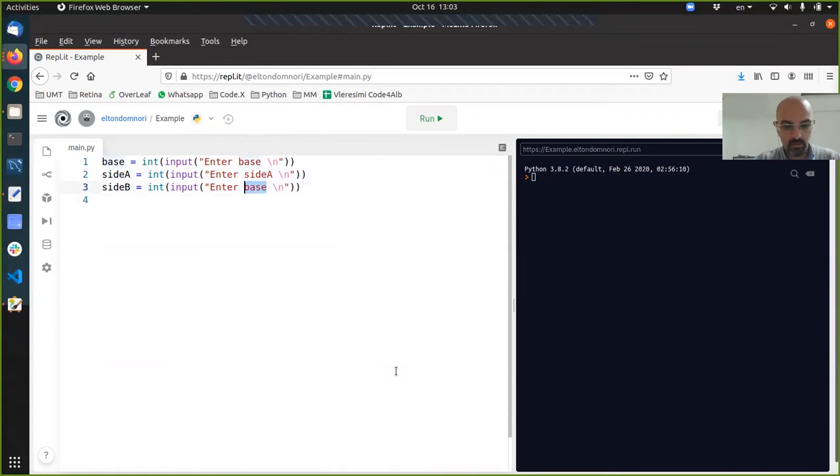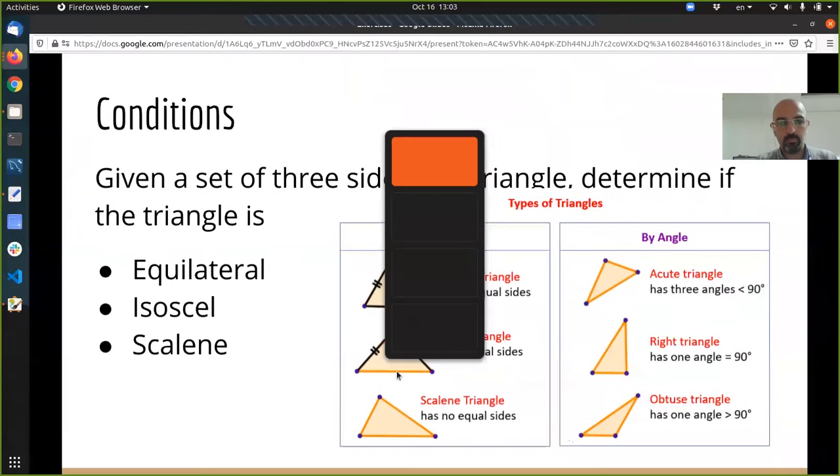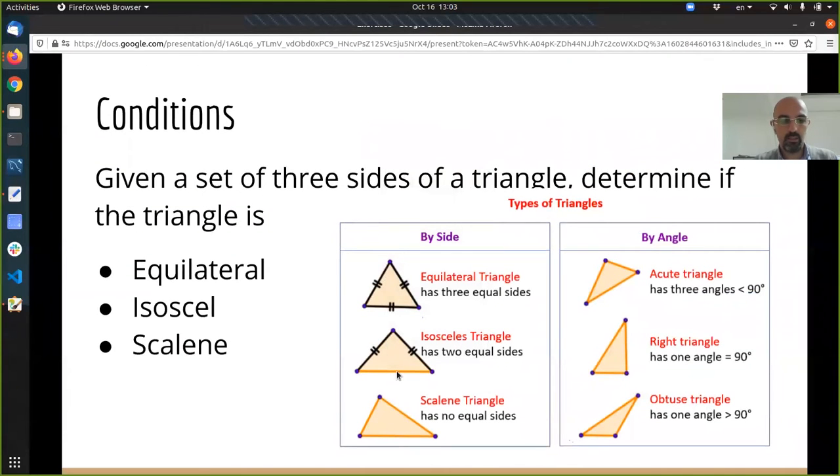and side B. So what makes the triangle equilateral, isosceles, or scalene? If side A and side B are equal to one another, it can be either equilateral or isosceles.